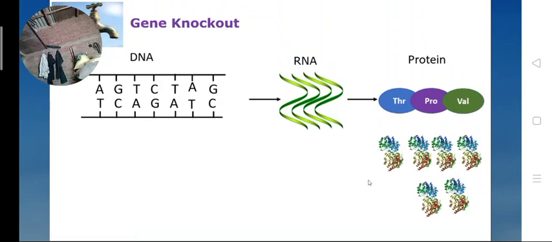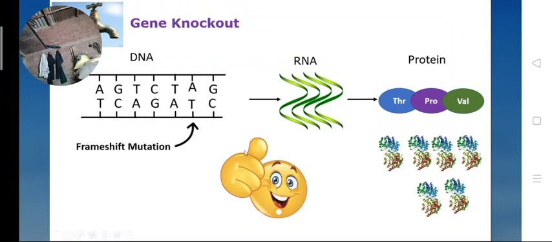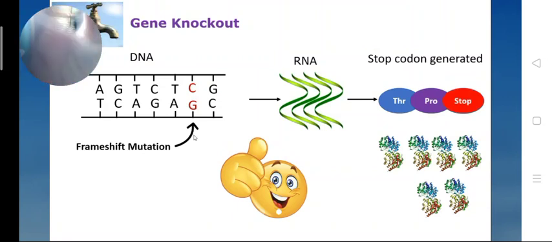But if there is a frame-shift mutation, which could be acquired or due to several factors, such as exposure to some carcinogen, chemicals, or radiation, this mutation will change the frame, and now your protein is not able to be synthesized because of the creation of a stop codon in between.